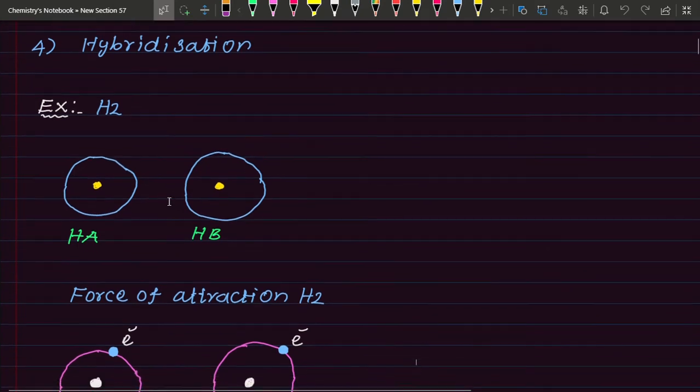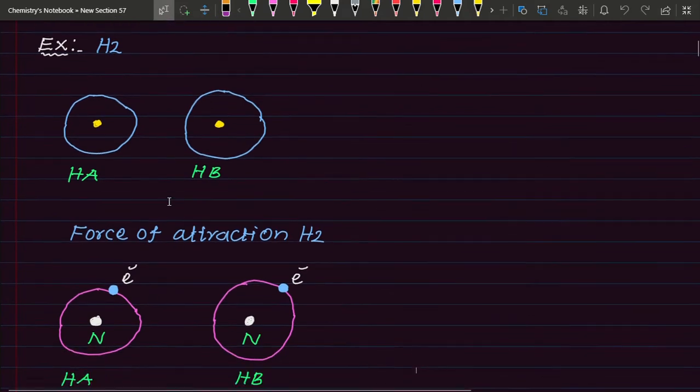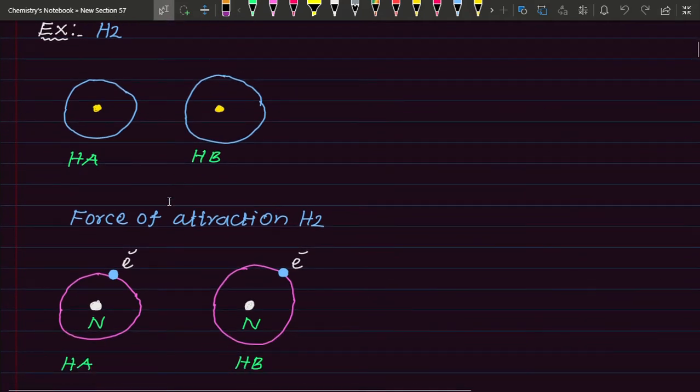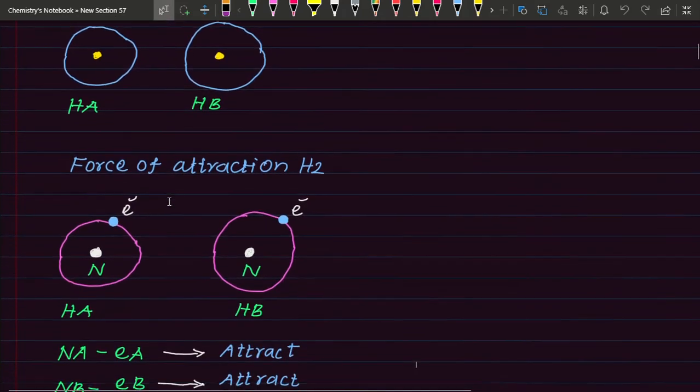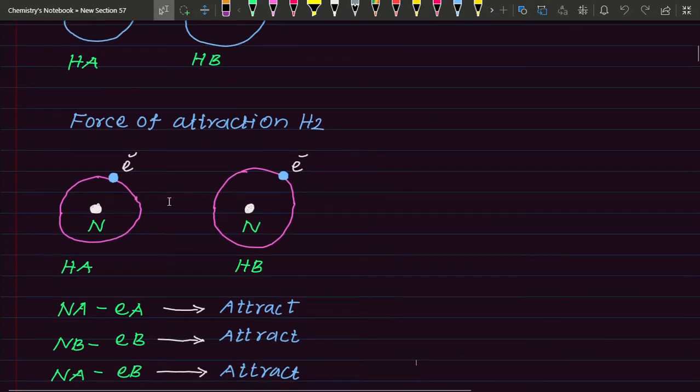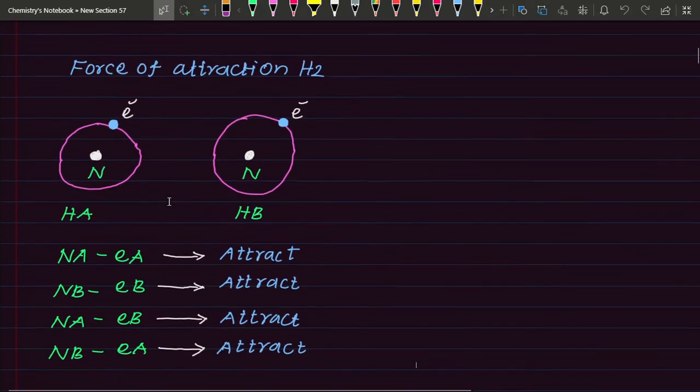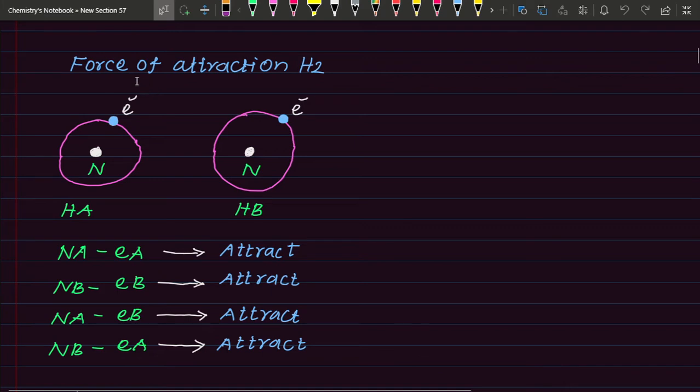See below, the forces of attraction in the H2 molecule. This is the HA atom, this is the HB atom.